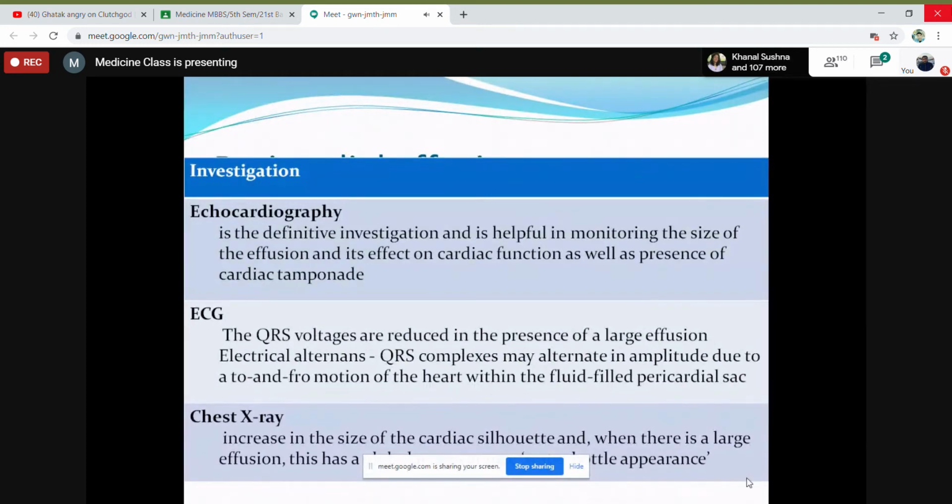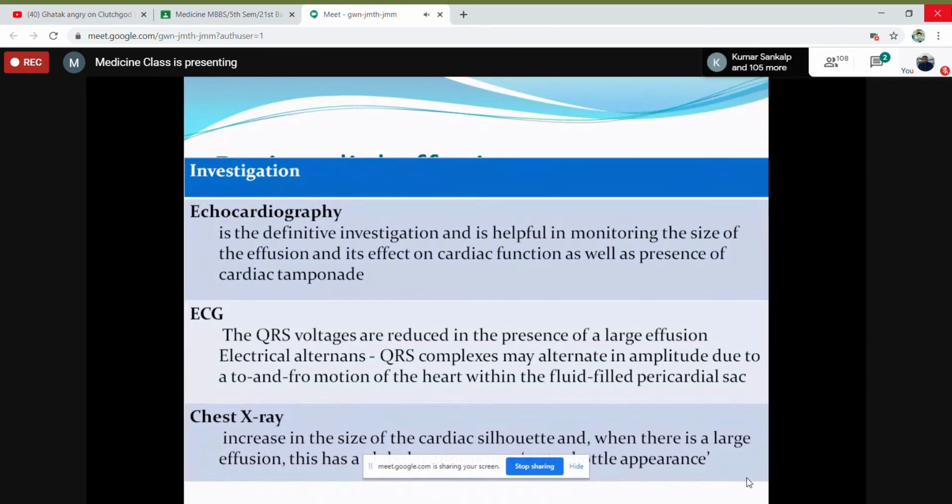Generally, in each beat, the amplitude of the QRS should be equal. But if the patient has large pericardial effusion, the amplitude of the QRS varies with each beat. And it is generally because of to and fro motion of the heart within the fluid-filled pericardial sac. Okay, so these were the ECG changes.